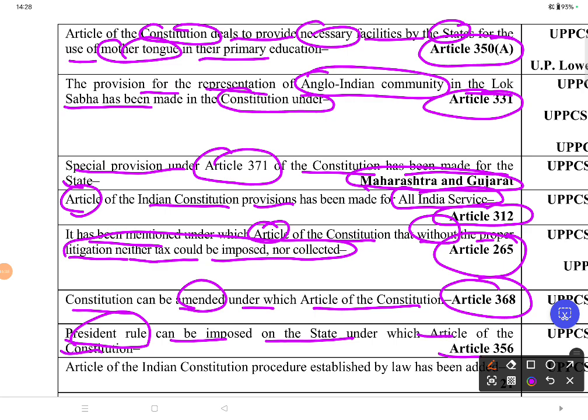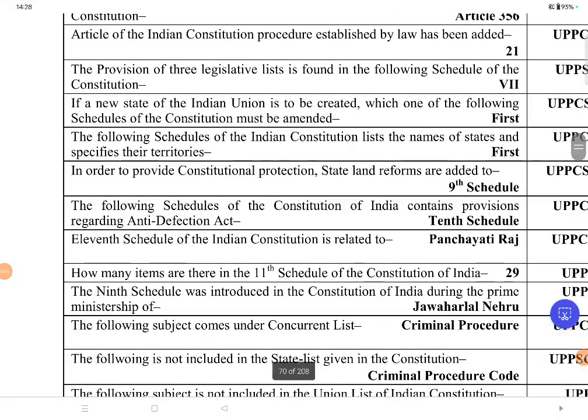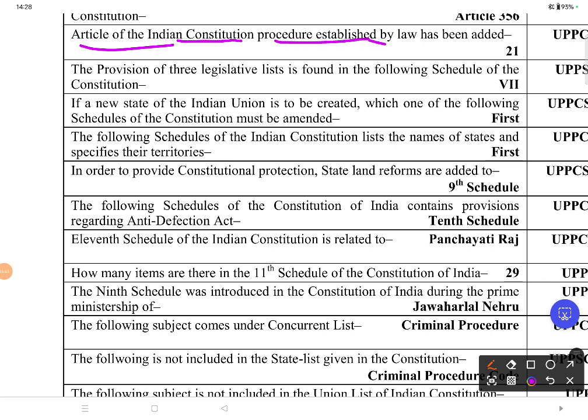That is Article 356. Under which article of the Indian Constitution has procedure established by law been added? Article 21.